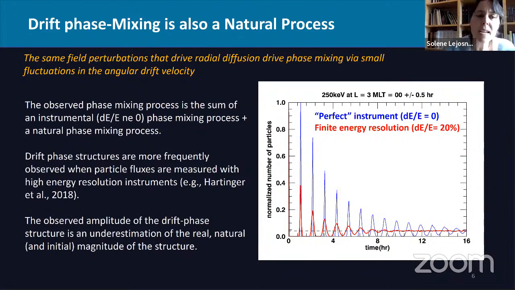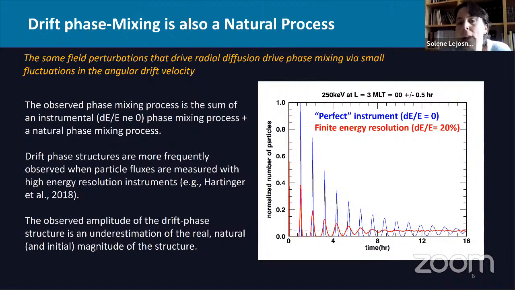So on the right, I want to spend 2 minutes discussing this plot. This is the same thing that I showed you before, but I superimpose some field perturbation in the background. If we had a perfect instrument, you see the dissipation of the magnetic local time dependence.